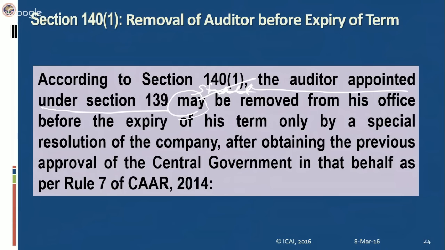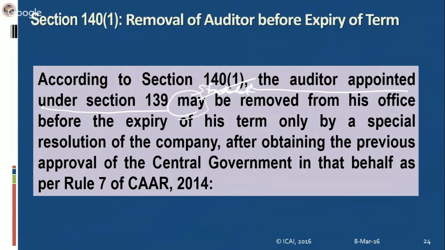Before the expiry of his term, means before the expiry of 5 years, or 10 years in case of a firm, if it is governed by the provision of rotation. Otherwise, 5 years is the term for which the auditor is appointed.